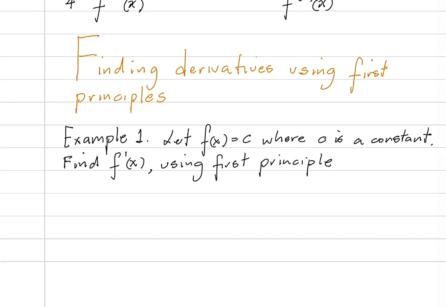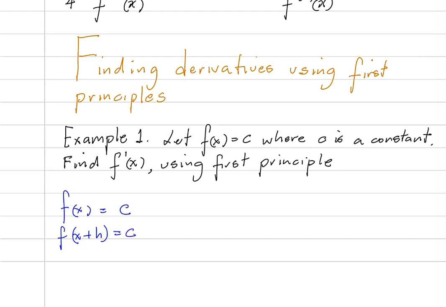So let us see what differentiation says about the gradient of a function f of x is equal to c. First of all, f of x is equal to c, and f of x plus h is also equal to c.